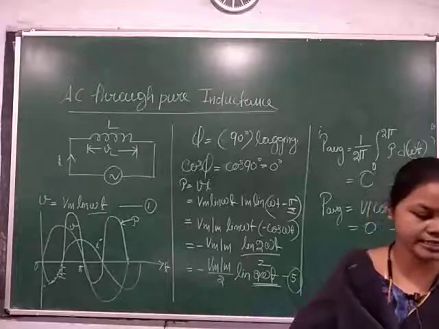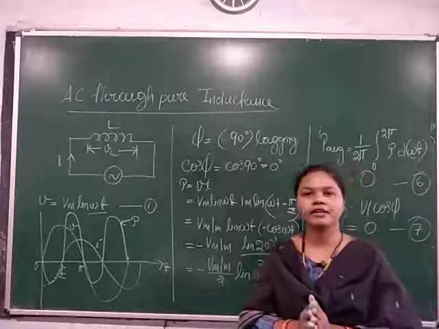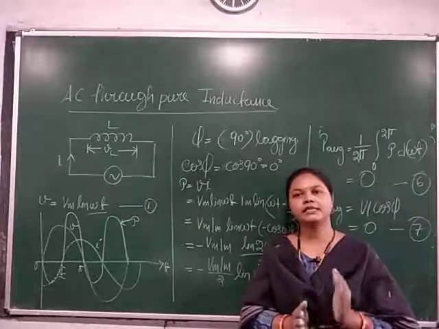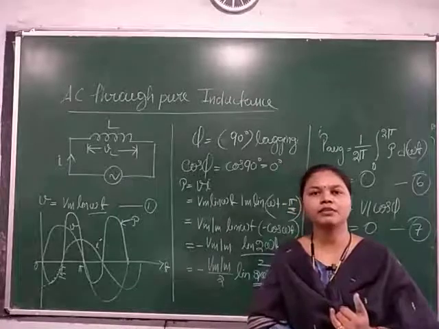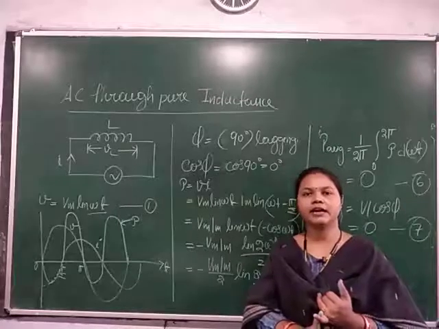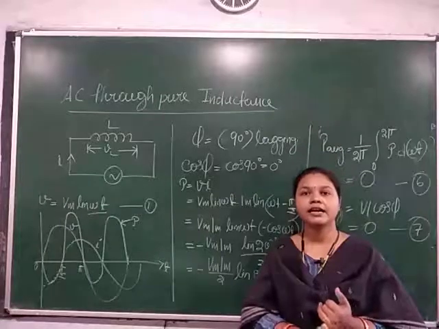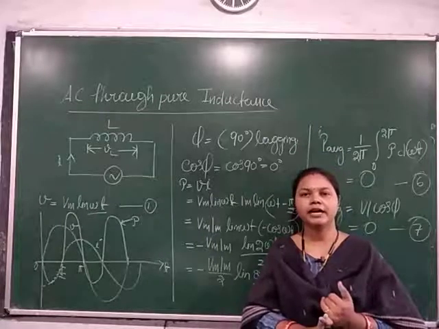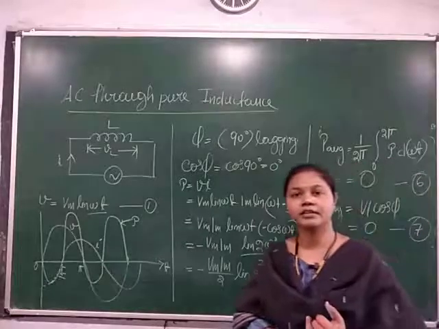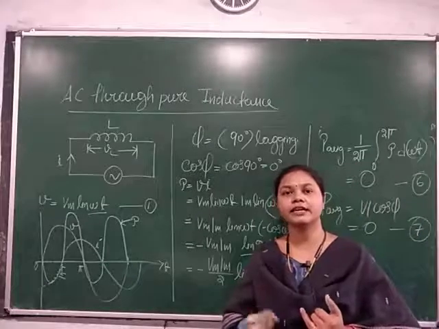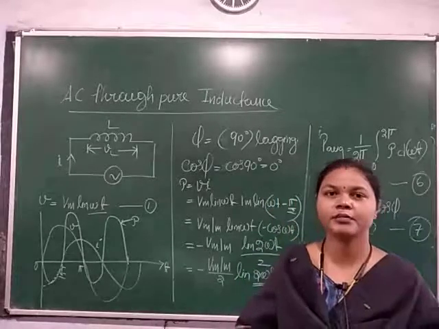So students, in this study, you have learned the behavior of an inductive circuit when AC supply is given through it. The first conclusion you get is voltage and current differ by an angle of 90 degree. It means that voltage leads the current by an angle of 90 degree, or in the reverse you may say that current lags the voltage by an angle of 90 degree.